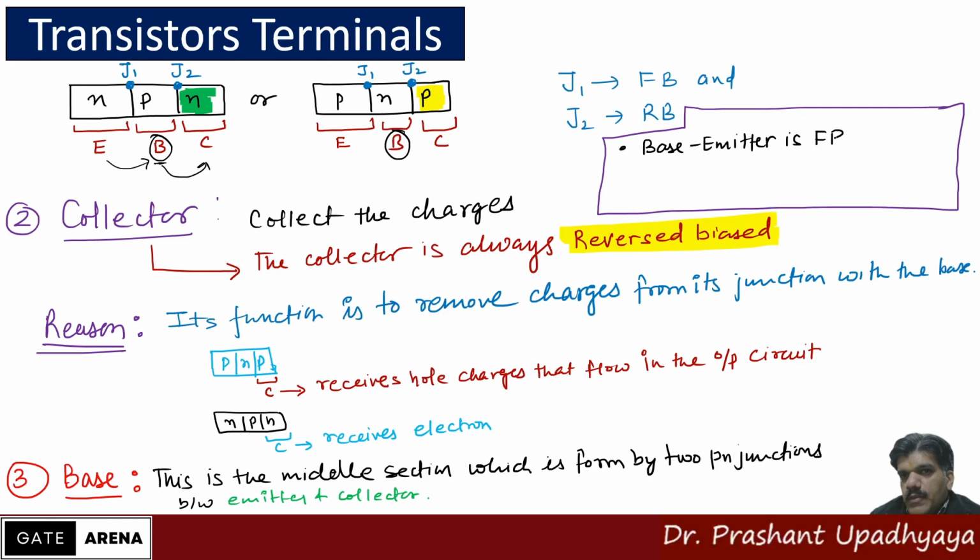The base-emitter junction is forward biased, and when we are talking about the forward bias, it will allow low resistance for the emitter circuit.